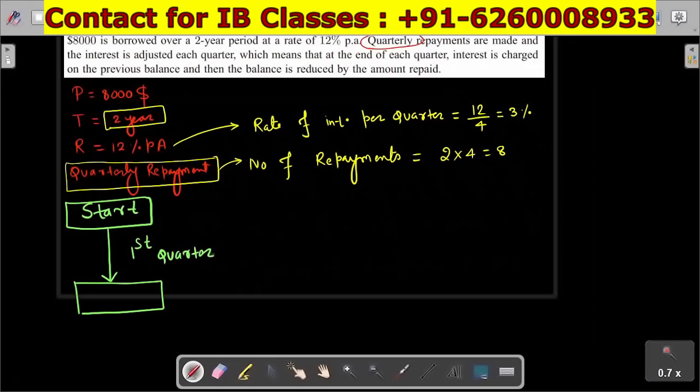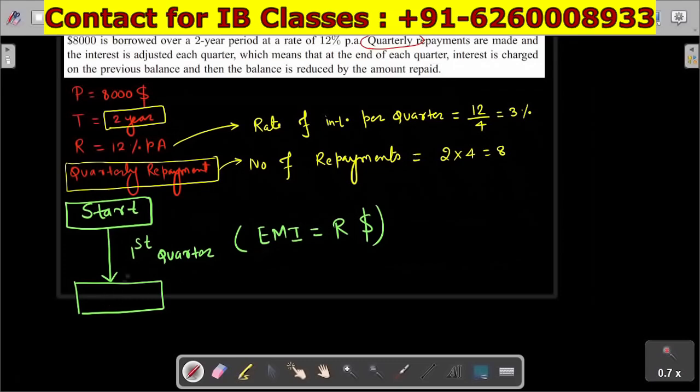I have to pay some amount, that will be my equal installment, EMI. So I have to pay something. Let us suppose my payment is R. Let us suppose after each quarter I have to pay EMI as R dollars. I have to pay each quarter R dollars.